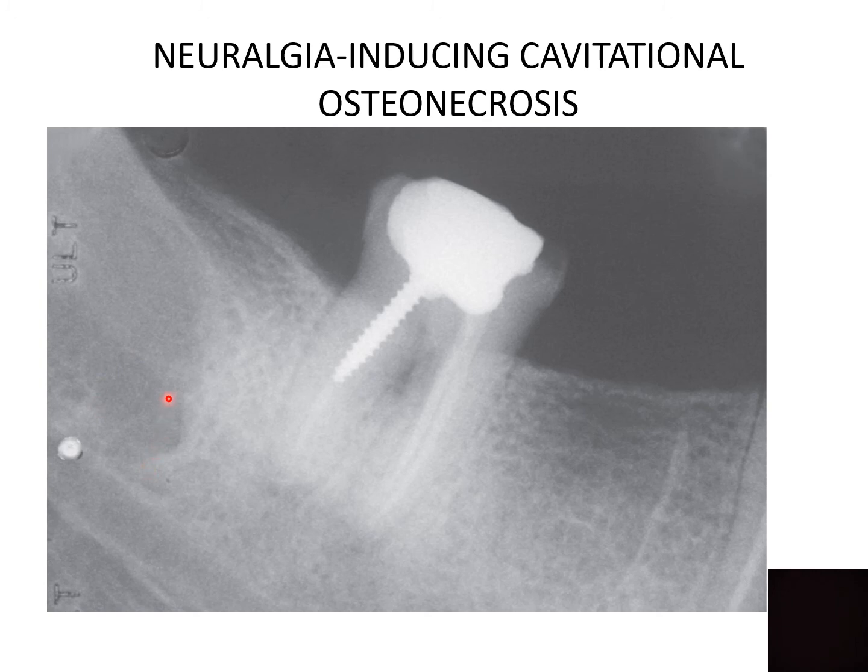So, if you can identify this condition appropriately, a simple oral surgical procedure may be curative. Following an appropriate diagnosis, all you need to do is raise a gum flap, access the area of osteomyelitis in the bone, and curette it.